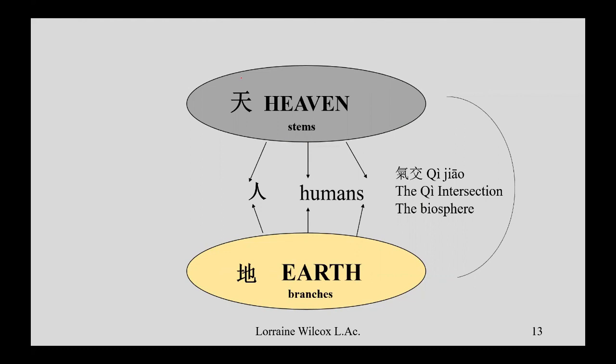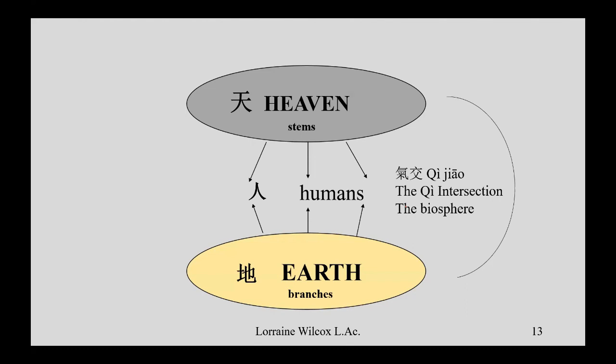This place that we live in between heaven and earth is sometimes called the Qi Jiao, or the Qi intersection, which is basically the biosphere. It's where the Qi of heaven intersects with the Qi of earth. Heaven gives us light and air and weather, which is needed to grow plants, to grow things. We need light and air and weather, like rain and seasons and stuff like that.